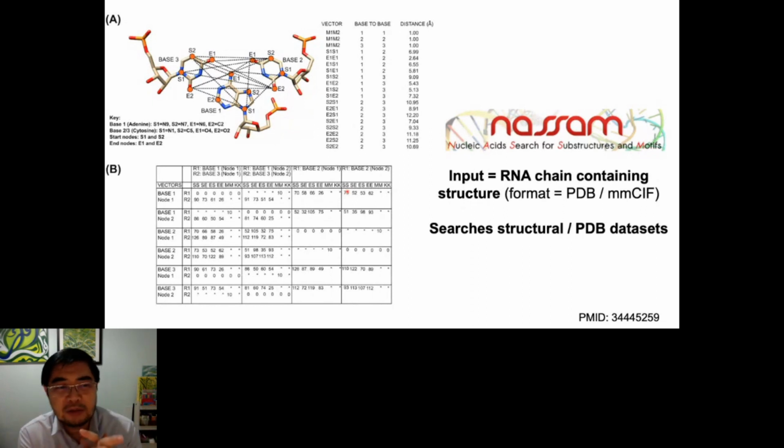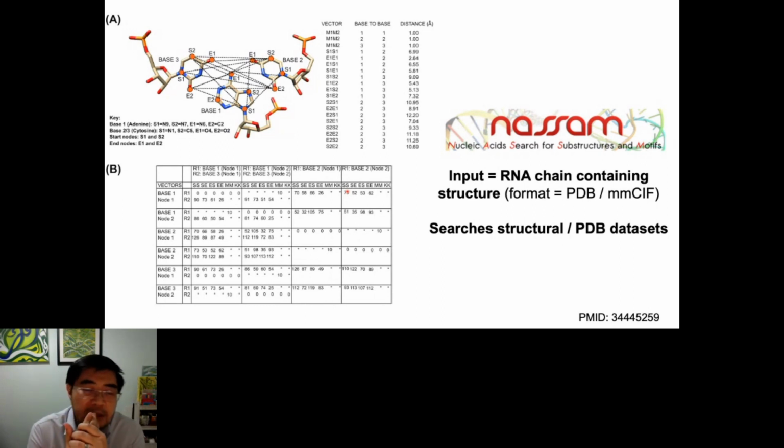So instead of a catalytic triad, I've got here a base triple, and we represent the bases as pseudoatom vectors. And again, we use the distances between those nodes, which are the pseudoatom vectors, as the edges of the graph, and then we convert it into matrices that we can then start searching or comparing using graph theory.